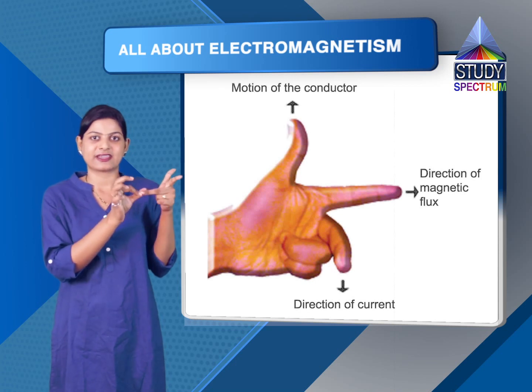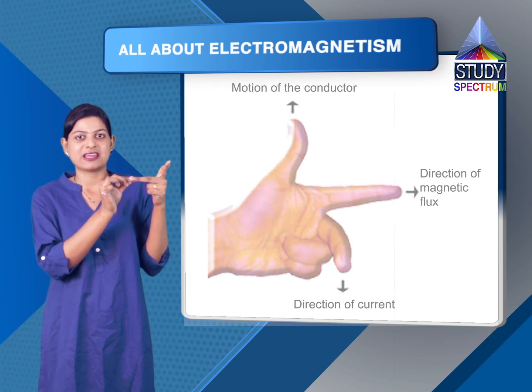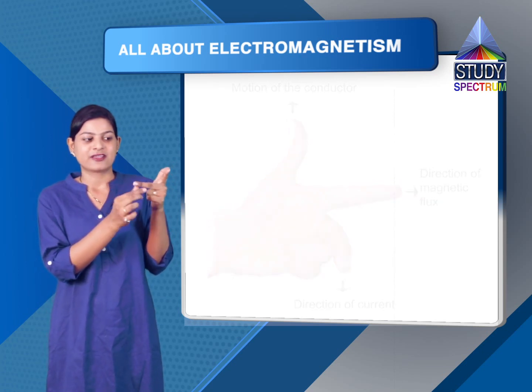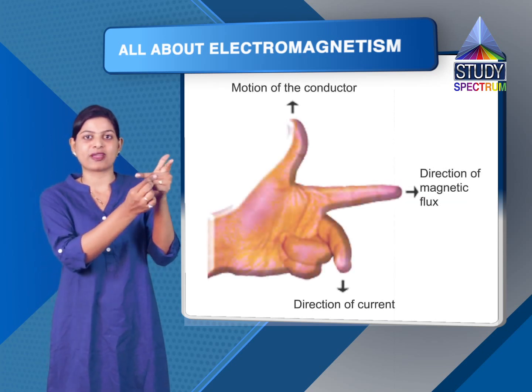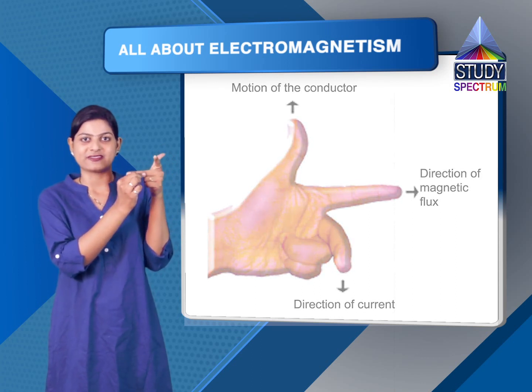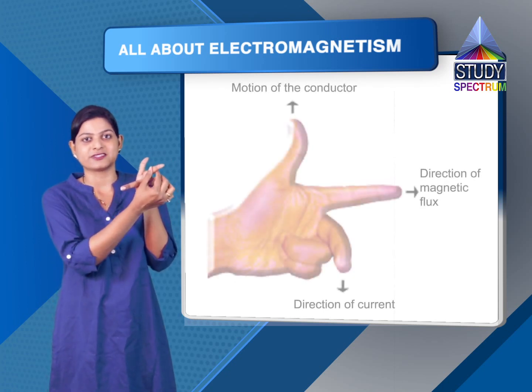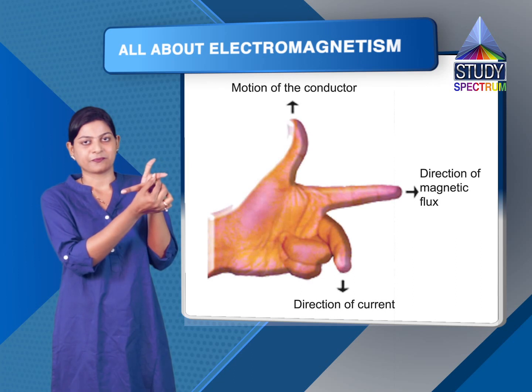So let us just see it again. The second finger gives the direction of electric current, that means electric current is flowing in this direction. When electric current is flowing in this direction, a magnetic field is produced around it, perpendicular to it.